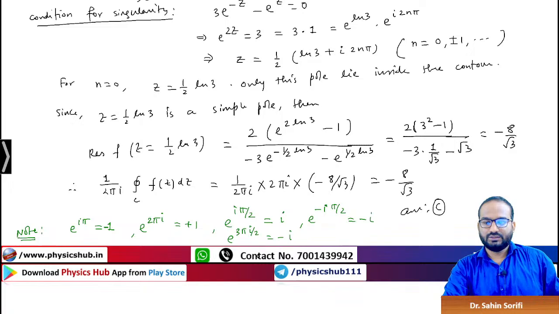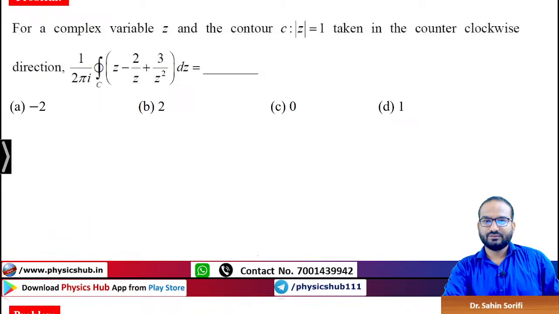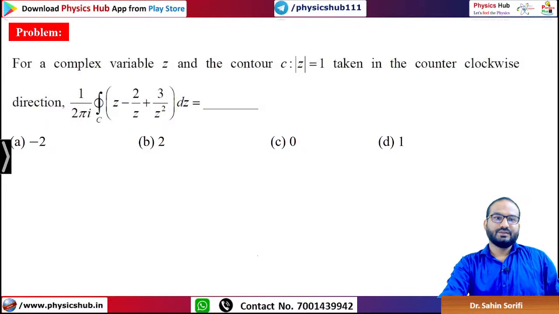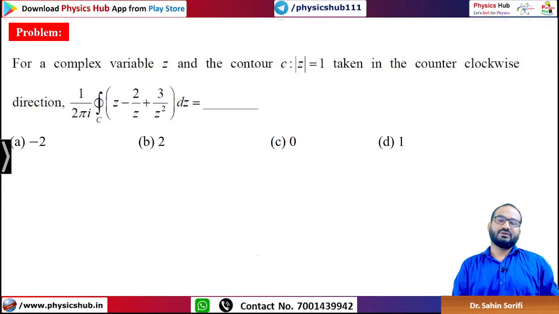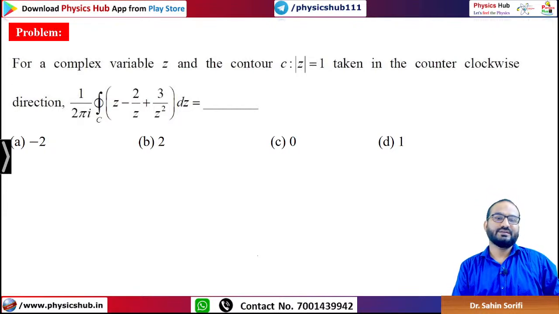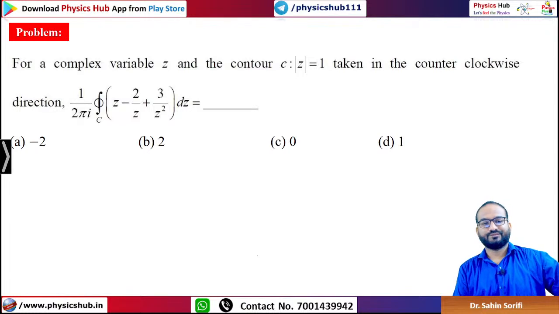Chalo, do this problem. I think you can do it within a minute. For a complex variable z and the contour C, mod z equals 1 taken in the counterclockwise direction, 1 by 2 pi I into this. Tell me, I think you can do it in a few seconds now.